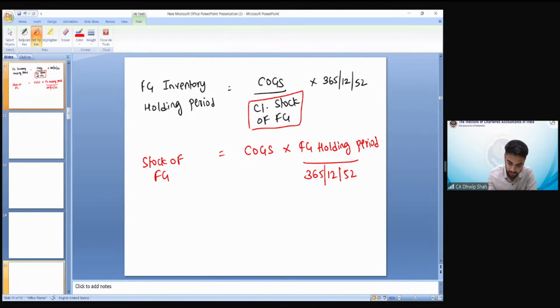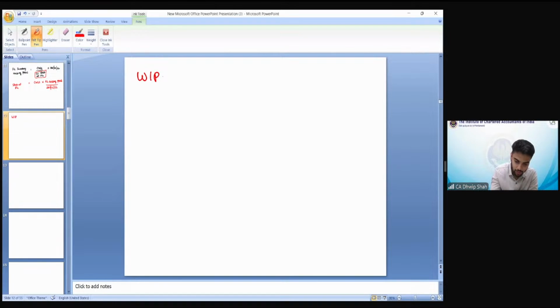Likewise, stock of WIP will always be based on, just like stock of FG is based on COGS, stock of WIP will be based on cost of production.